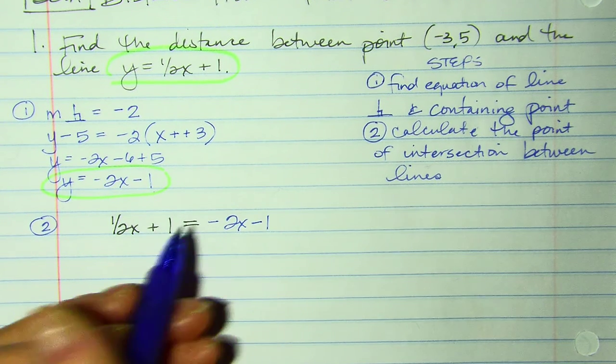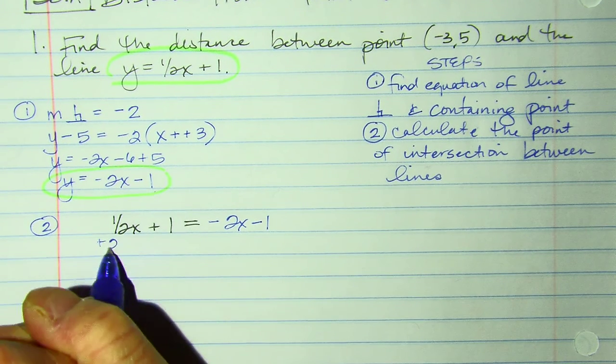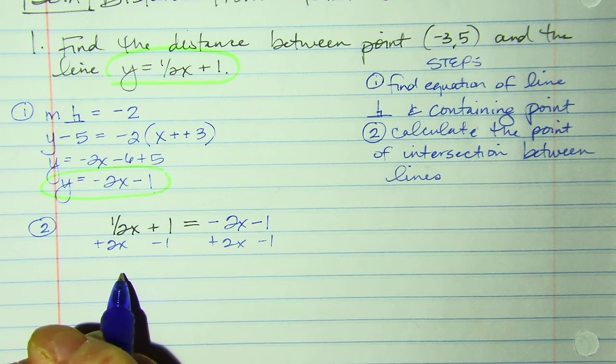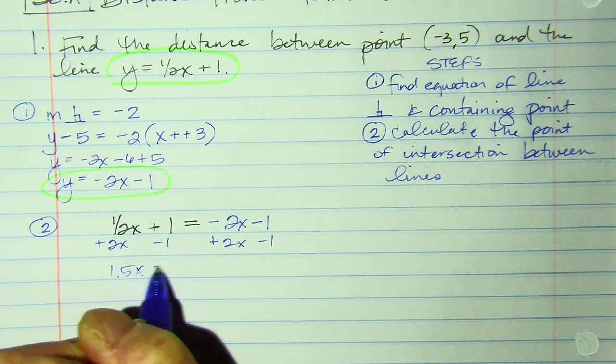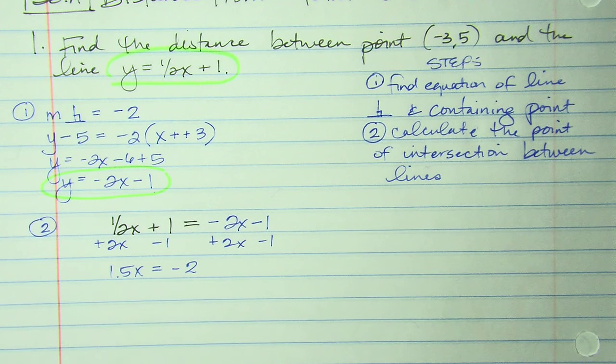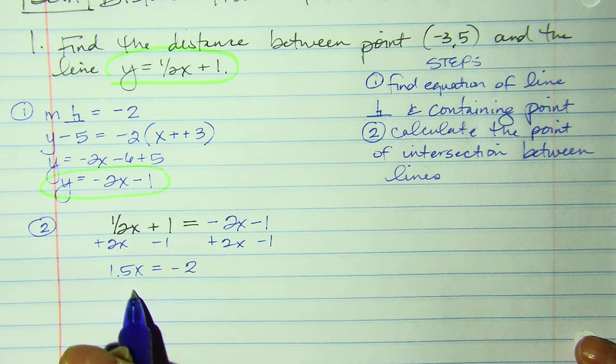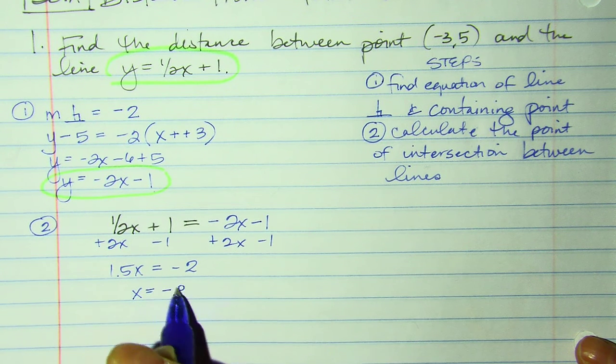And so now I'm going to solve. I'm going to add 2x to both sides and subtract 1. And so I have 1.5x equals -2. Let me make sure I have that right. Yep. And then I'm going to divide by 1.5, and I get x equals -0.8.